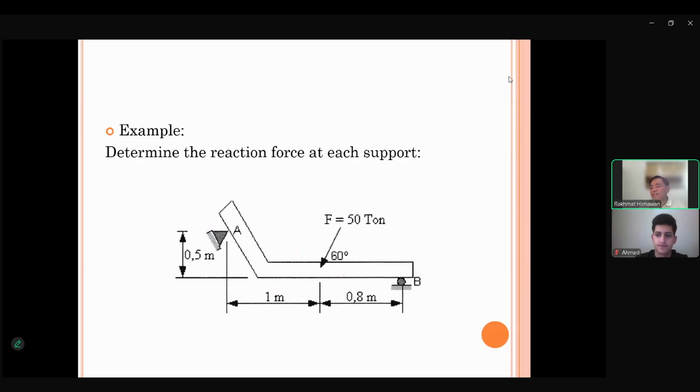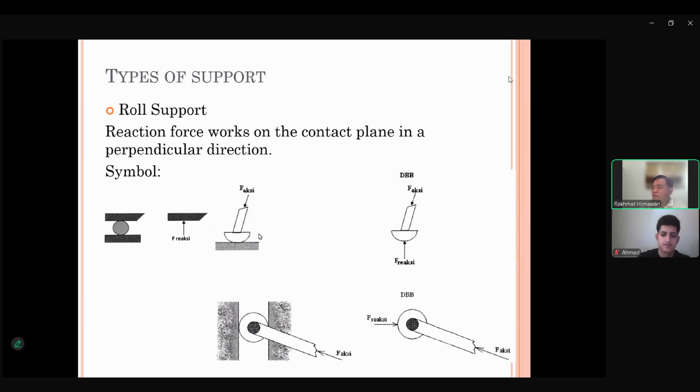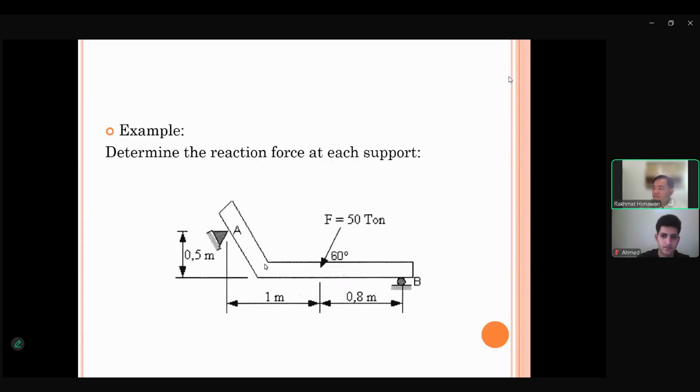Here, point A is a hinge support, not a roll. But B is a roll support. So in here, it's a hinge. That means we need to have two reactions. While for the roll, we need to have just one reaction, which is perpendicular to the base of the rod. So here, two reactions, one reaction.